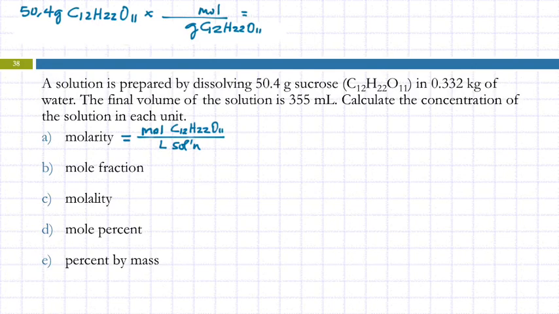What's the molar mass of sucrose? 342.296. The answer is about 342 grams per mole. Yeah, 342.3. So 342.3.